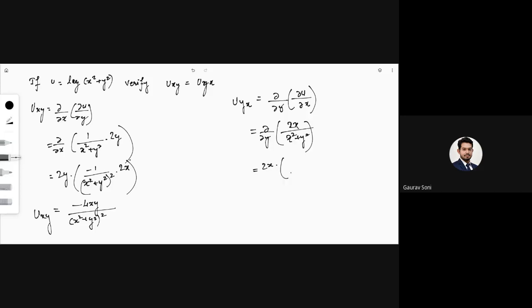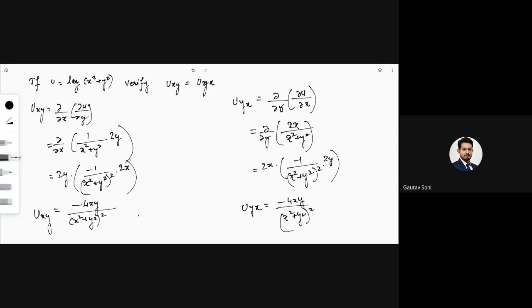Derivative of 1 upon x square plus y square is minus 1 upon x square plus y square whole square. By chain rule, we'll have 2y over there. So uyx is equal to minus 4xy upon x square plus y square whole square.